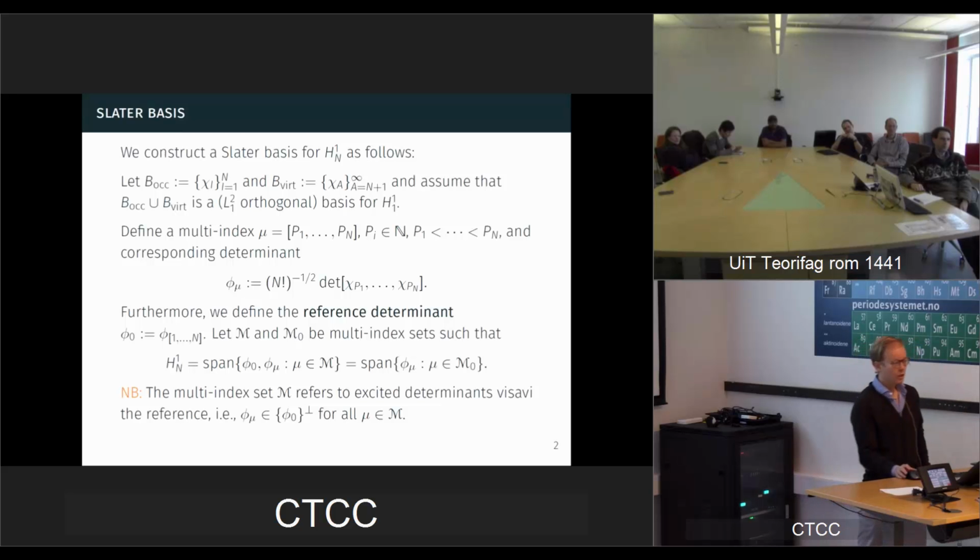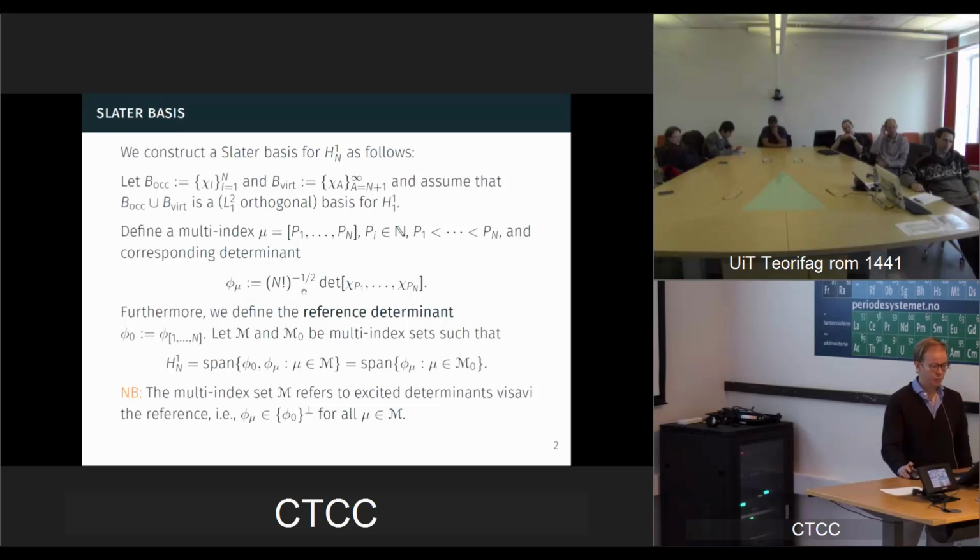And next, we define a multi-index. So we have here a sequence of n integers in increasing order, and then we say that a determinant phi mu is simply the determinant constructed with those one electron functions indicated by the multi-index mu.